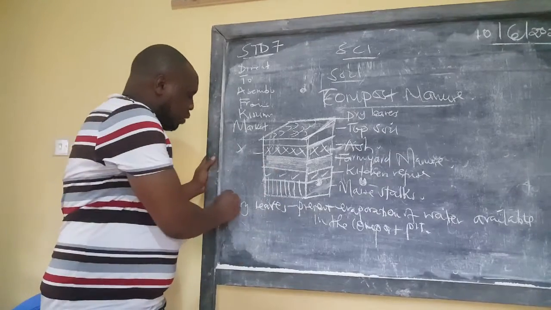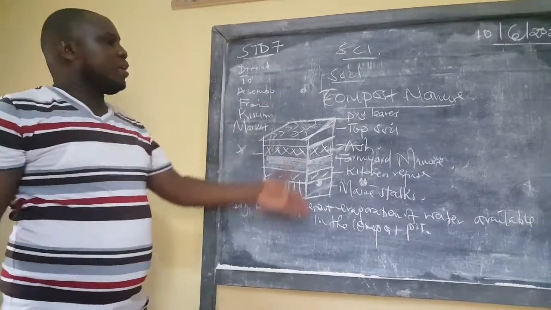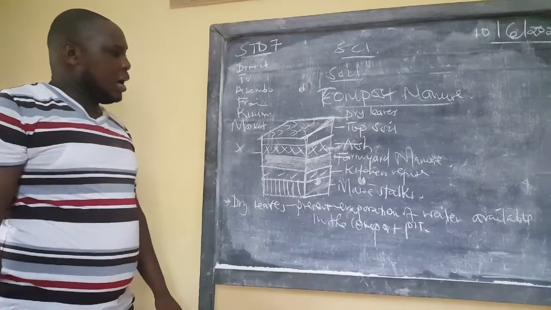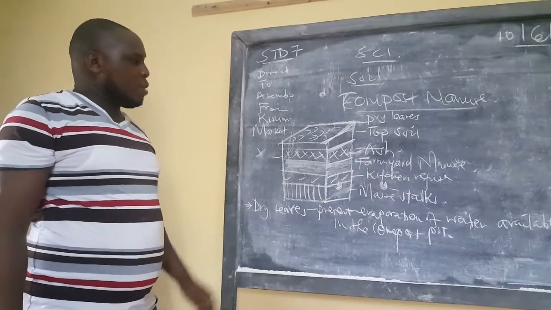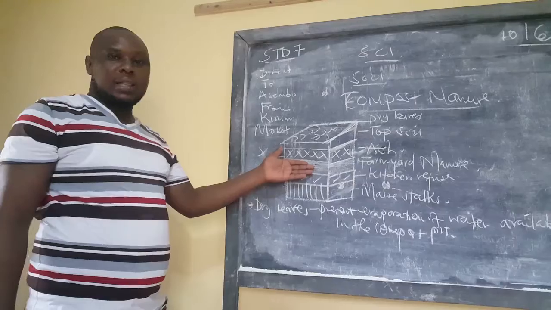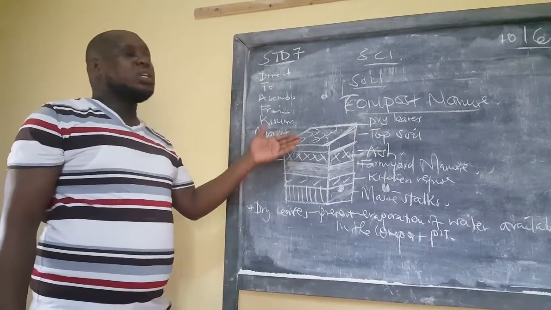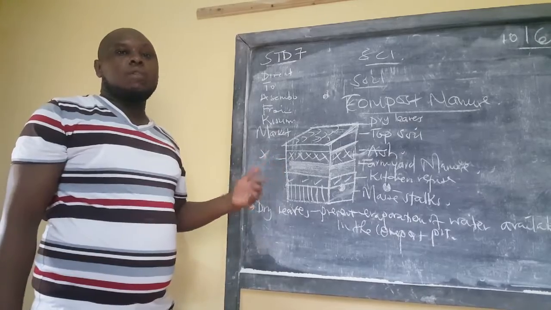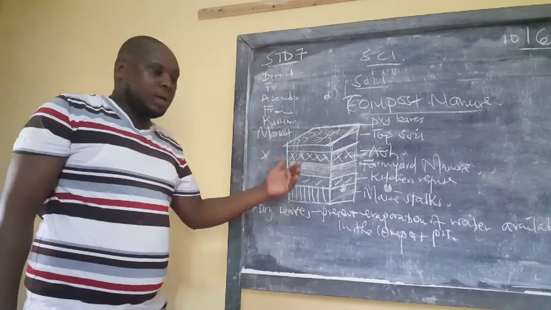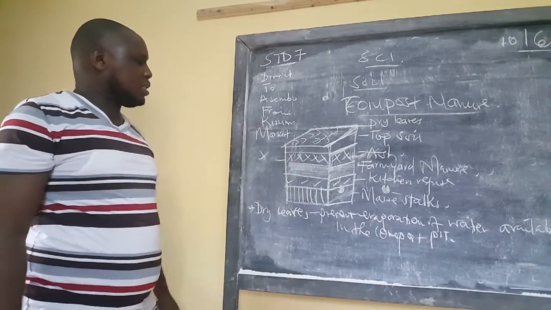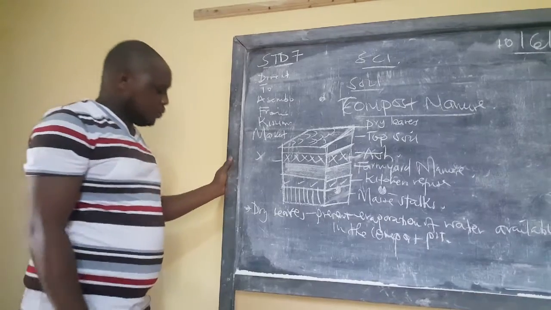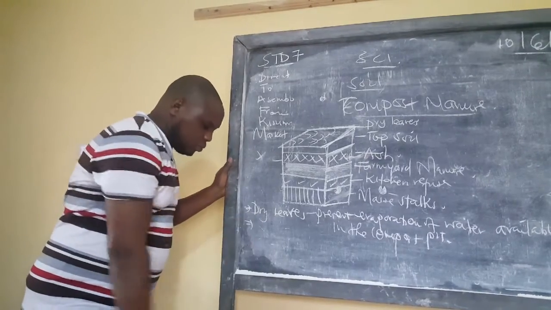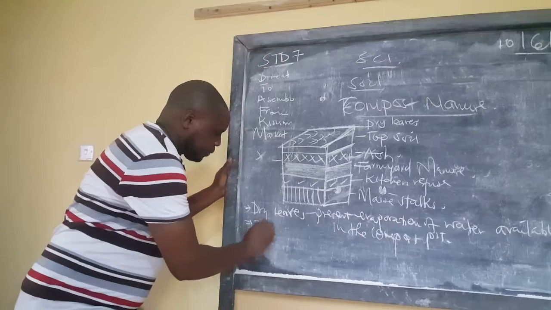The dry leaves' work is to prevent evaporation of the water available in this compost manure. Remember, if the water is not there, then the bacteria which are supposed to be decomposing this manure will not be able to work, because of the climate conditions, the weather inside the manure. Number two, we have topsoil.